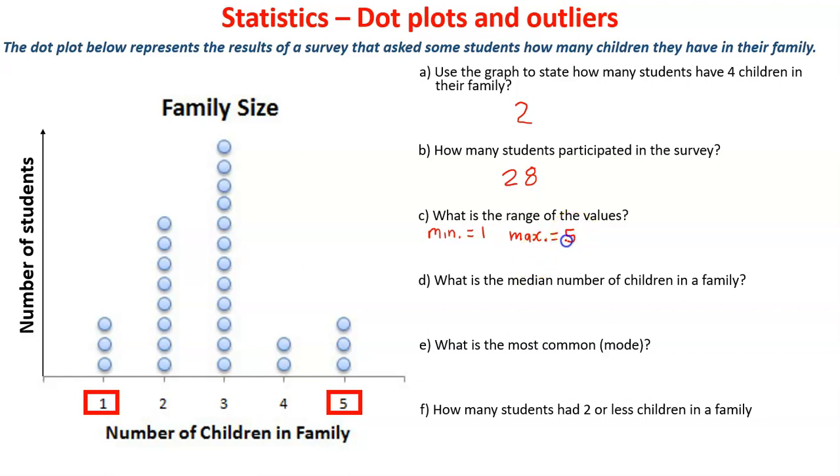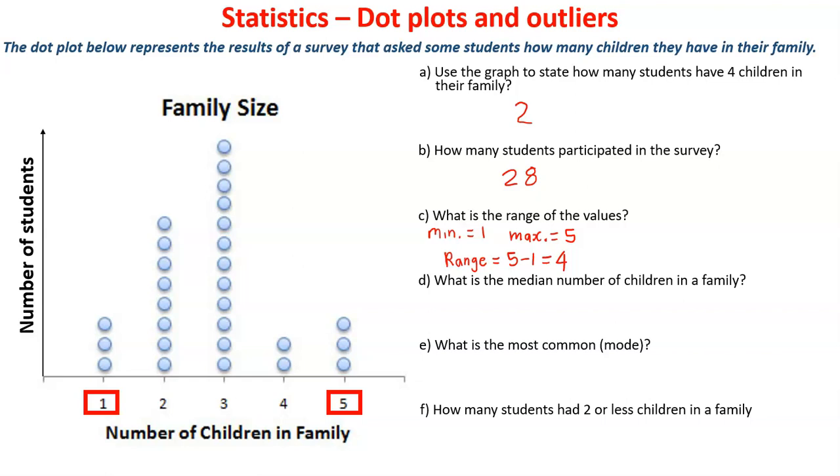So I've taken that straight off the dot plot. We know that our range in that case is going to equal our maximum minus our minimum. So in this case, our range is going to equal 4. Pretty easy. Again, we're using the dot plot to answer all the questions.